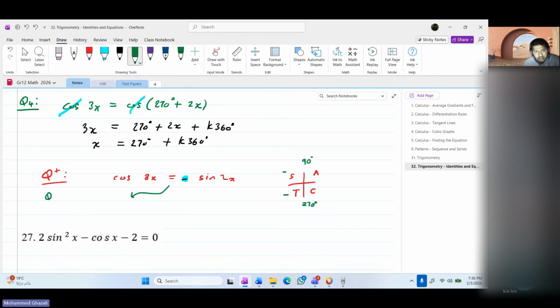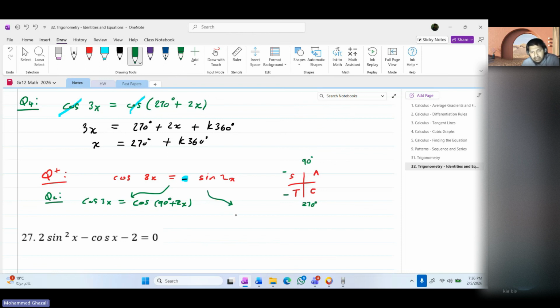Your second quadrant solution will be cos 3x equal to cos of 90 plus 2x. And you know how to solve this now. Drop the cos and add K360 and solve.